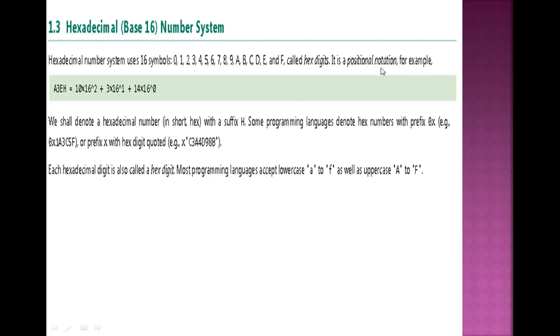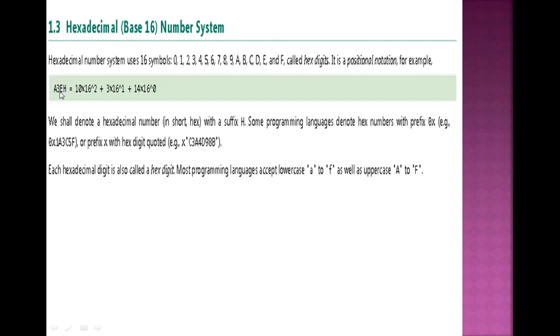For example, A3EH. H is not a number; E is 14. So 14 into 16 power 0. H is used for representing hexadecimal. Is this the prefix or the suffix? This is a suffix, not a prefix. A suffix is available at the end, and a prefix is available at the beginning.